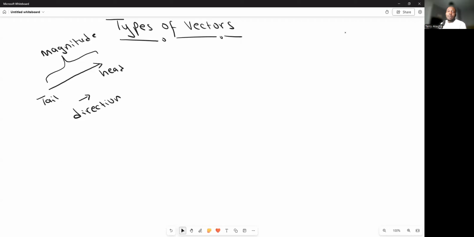So some people get confused, but I'm going to try to explain the difference between a position vector, a location vector, and a free vector, okay? Then I'm going to talk about other types of vector like zero vector, unit vector, equal vectors, negative vectors, parallel vectors, or maybe, for instance, co-initial vectors. I'm going to talk about all of them and give you definitions for them.